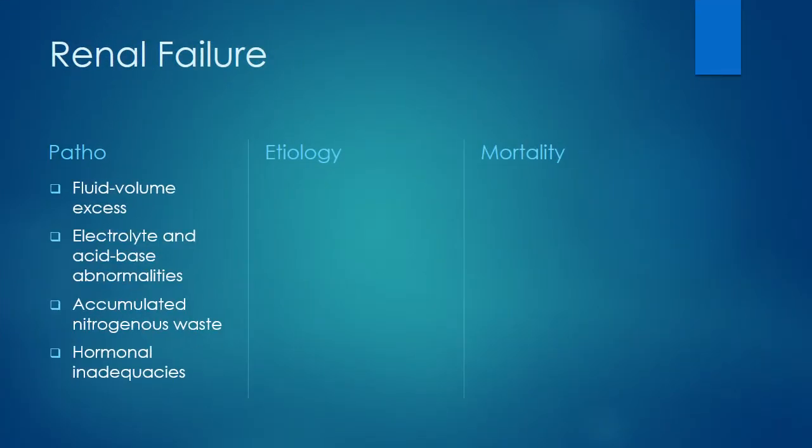Okay, so let's discuss the pathophysiology of renal failure. It is a fluid volume excess. There will be electrolyte and acid-base abnormalities. There will be an accumulation of nitrogenous waste and hormonal inadequacies.